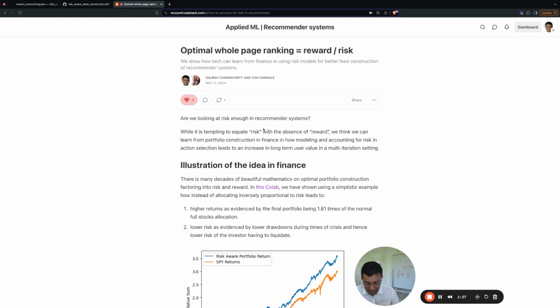So the context here is, suppose you have a set of items, let's say 500 items, and you're choosing to rank them and show a few items at the top. Usually, user attention is focused at the top, as we know. In fact, some of the more modern user interfaces for recommended content focus on one content at a time.